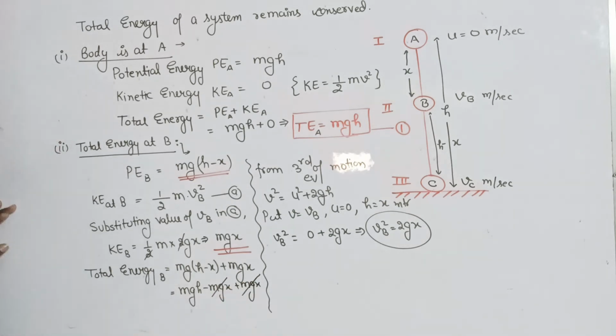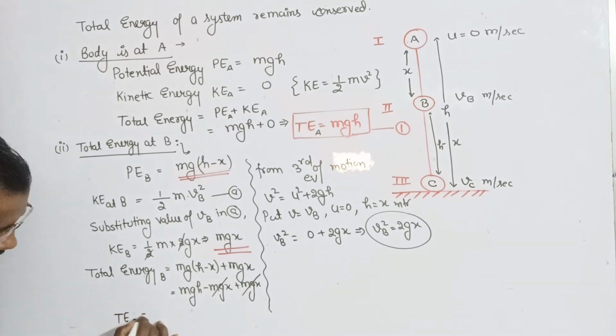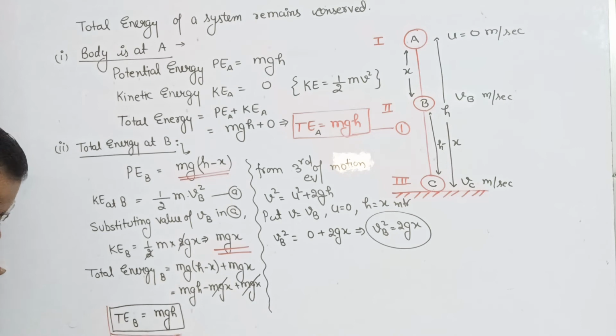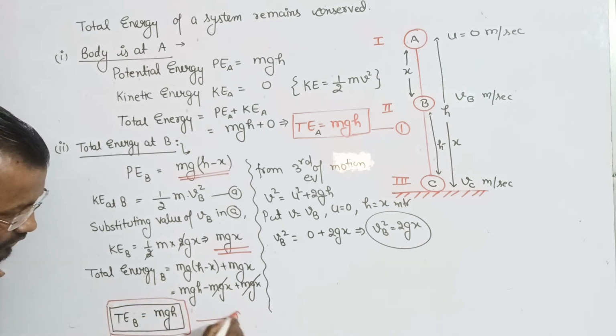These two mgx having the opposite sign will cancel out and we will have the total energy at b equal to mgh. This is another expression for the energy, equation number 2.